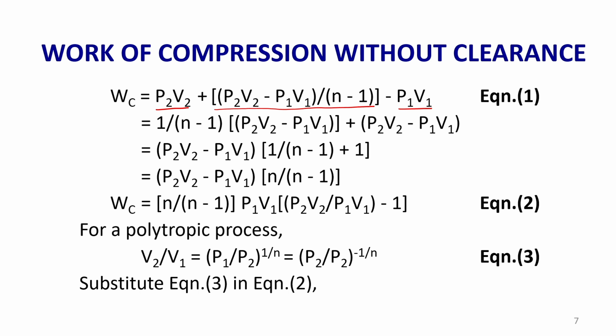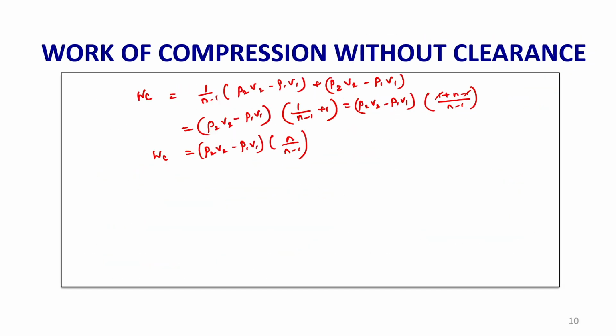So, now you take P1 V1 as a common term. Here if you take P1 V1 outside the bracket, this term does not contain P1 V1. So, P2 V2 divided by P1 V1, since we have taken this as common term, minus 1 into this term, n by n minus 1.